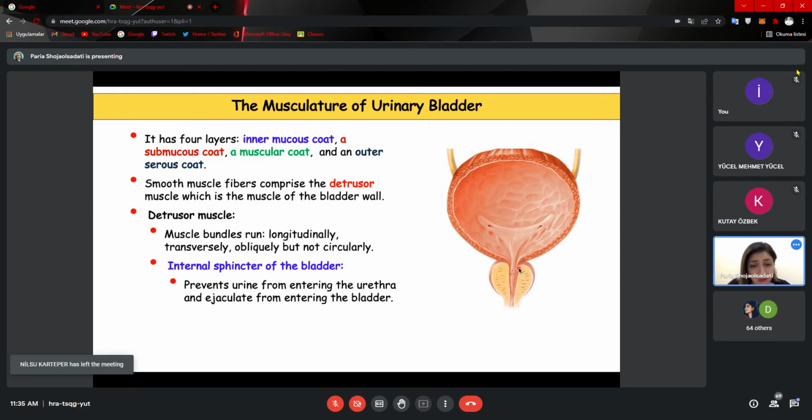The internal sphincter of the bladder prevents urine from entering the urethra. It's located at this level, and the external one is located in a different place between the two genders.